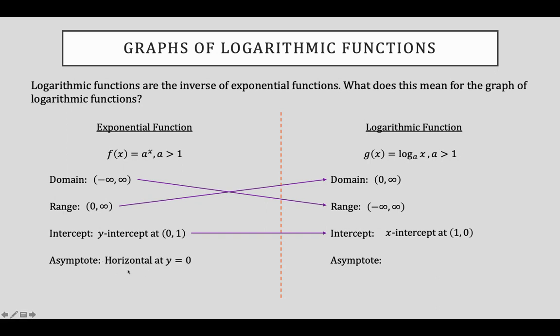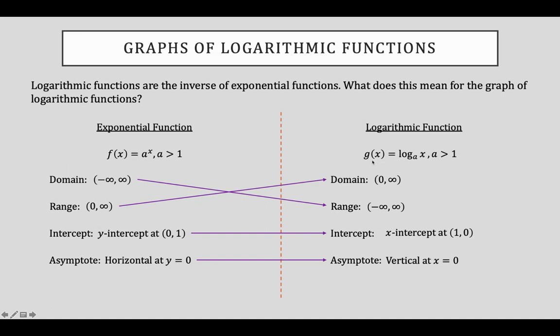And our exponential functions had a horizontal asymptote at y equals 0. Think about reflecting that over the line y equals x. What's going to happen? We now have a vertical asymptote for our logarithmic functions at x equals 0.